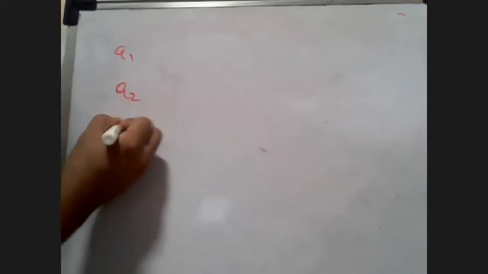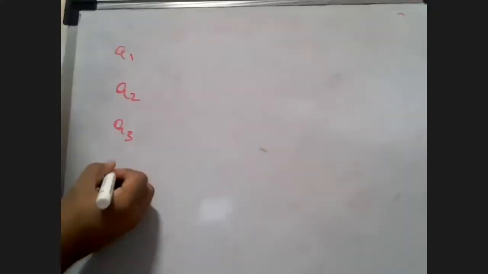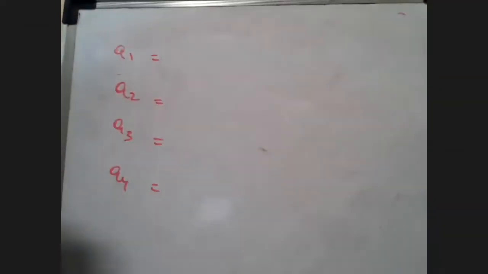Sir, we can take relative error also, no? That is only specific. If I'm asking you the percentage error between, see, that is the thing. Good question. See, A1, A2, A3, A4 are my measurements here. Imagine some measurements over here. Now I'm asking you to find the absolute error.